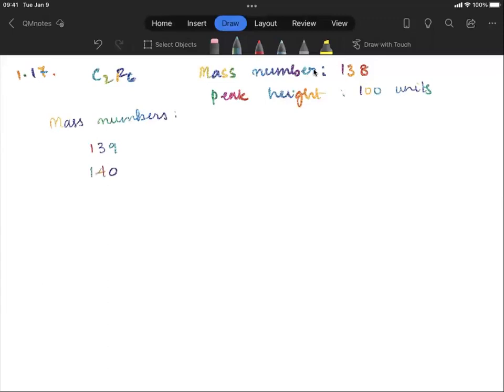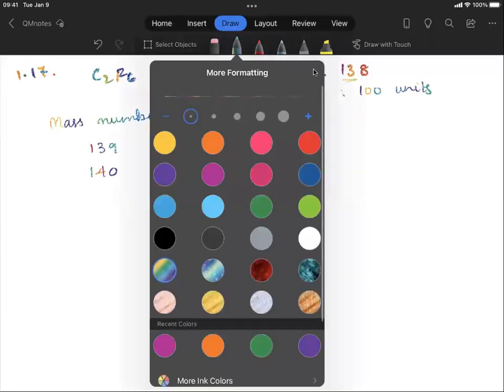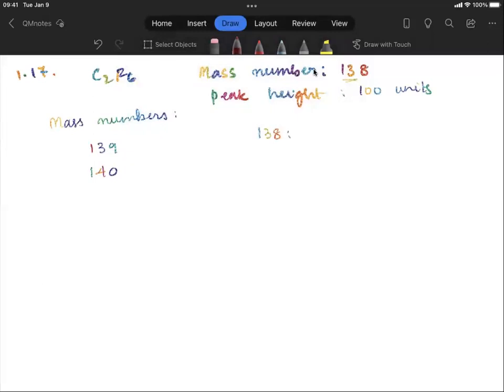So this is also a probability question, right? So the mass number 138 comes when you have 2 carbons and 6 fluorine atoms, right?